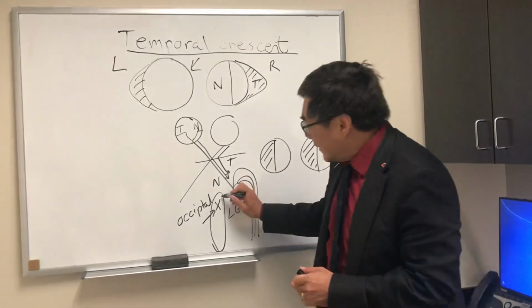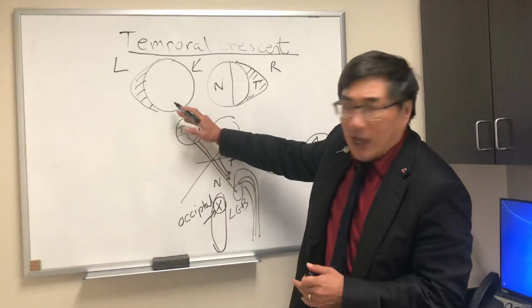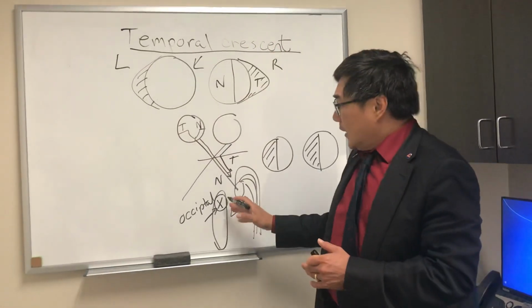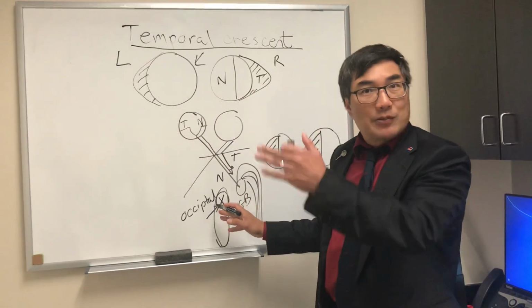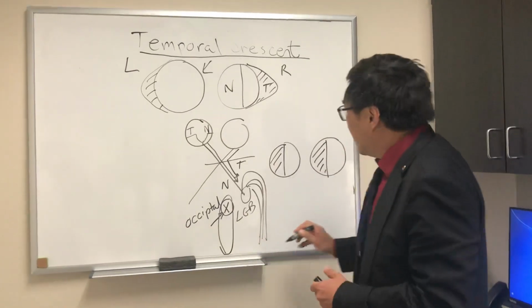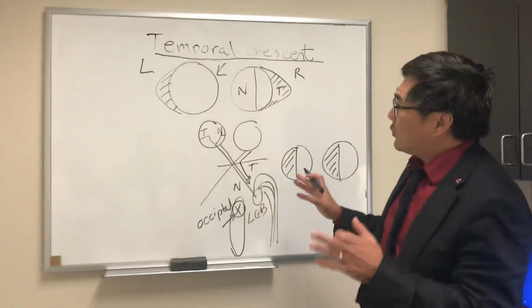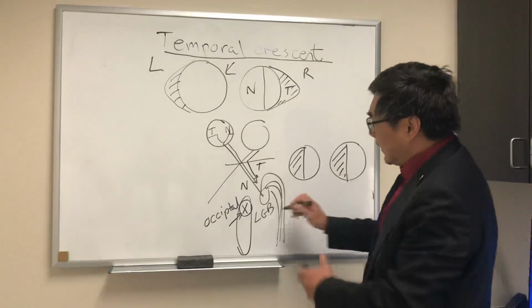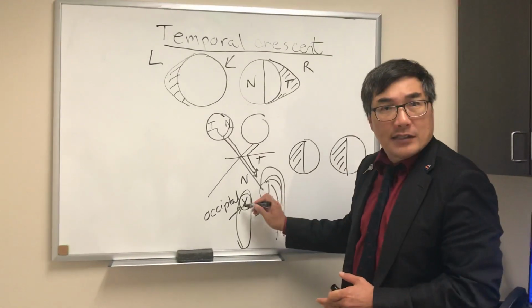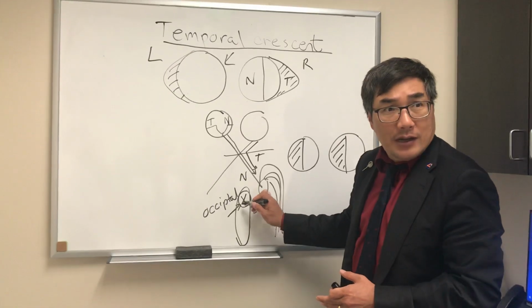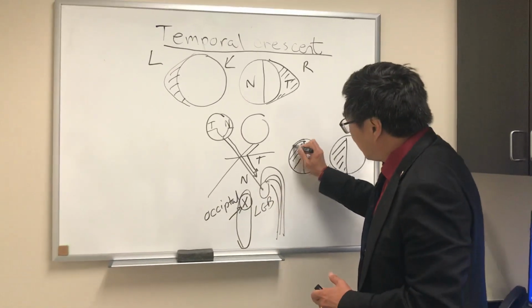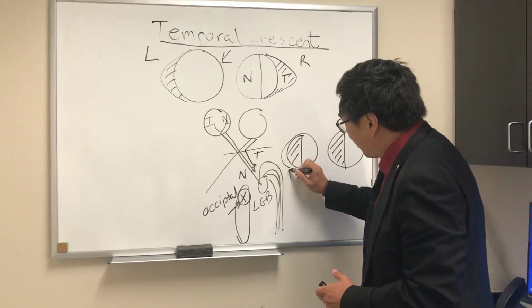And so the nasal fiber that came from the contralateral eye carrying the temporal crescent is in the contralateral anterior portion of the occipital cortex. And what that means is we can have two special types of visual fields. We can have a homonymous hemianopsia that spares this portion of the occipital lobe, and that means we can have sparing of this temporal crescent.